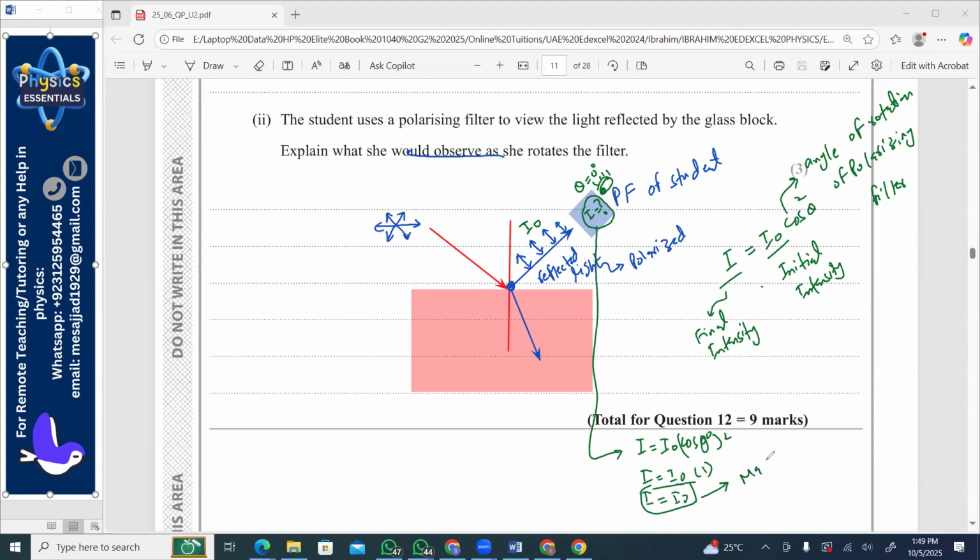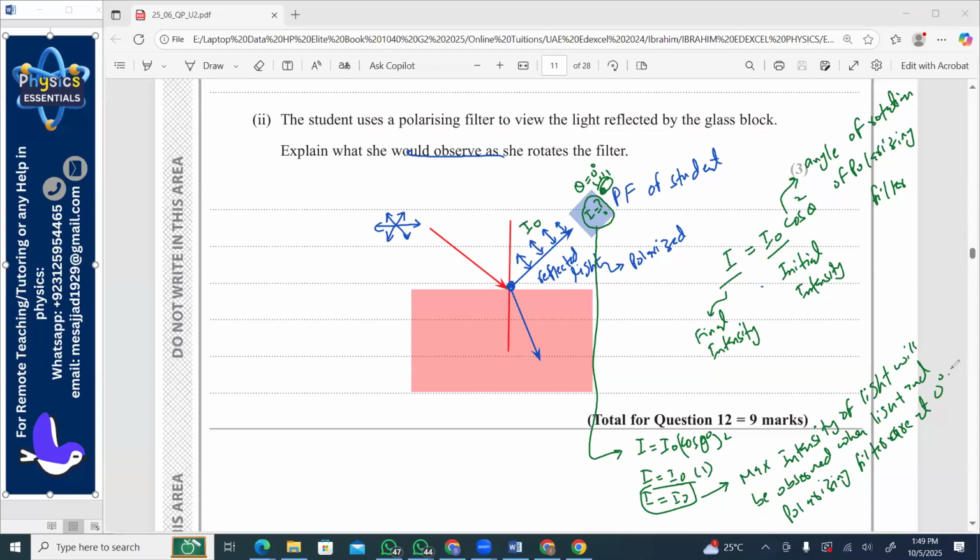So we will say that the maximum intensity of light will be observed when light and polarizing filter are at 0 degrees.